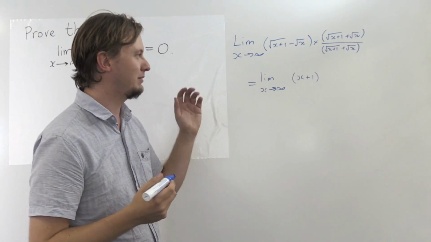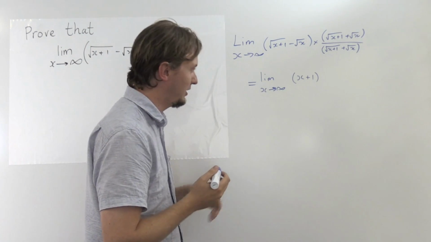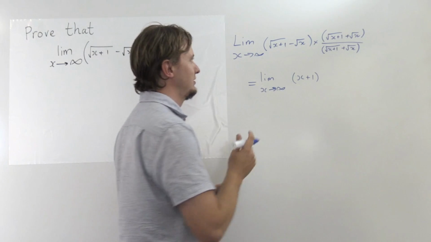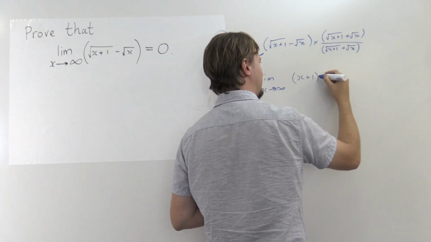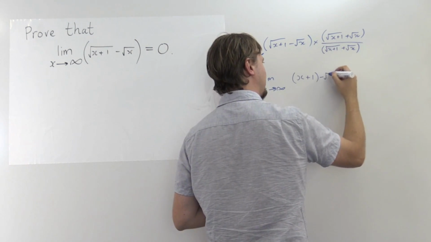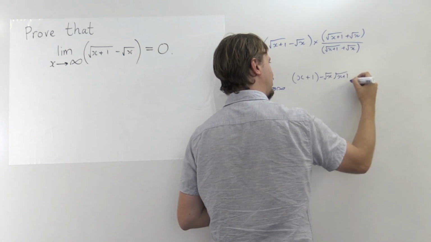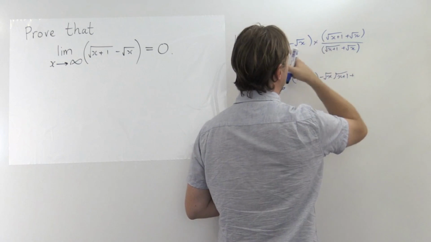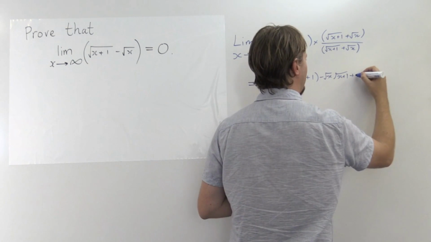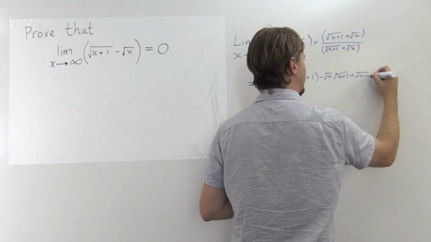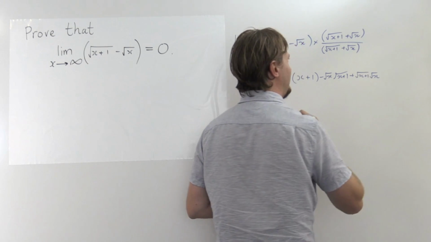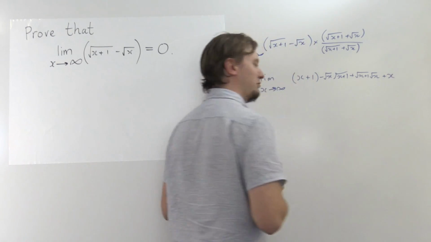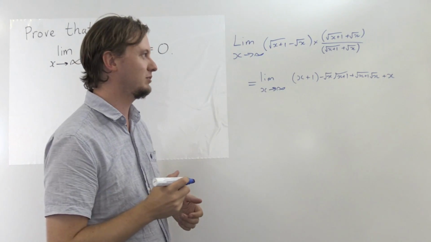Technically it's the absolute value, but since we're heading towards infinity, I'm not going to take that into account. I will write out these middle terms explicitly. You have a minus root x times root x plus 1, then a plus root x plus 1 times root x, and finally root x times root x is just x. Again, we're heading off towards infinity, so these terms are positive.